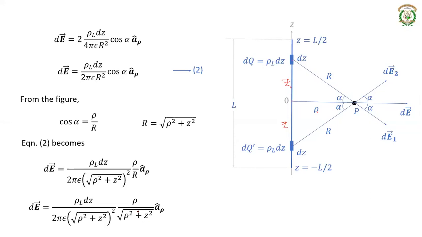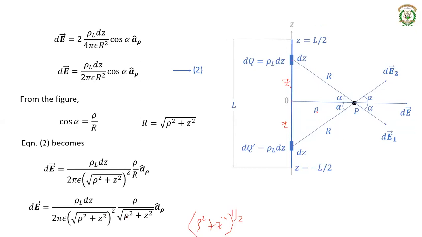So what you can see in the denominator, we have square root of rho square plus z square whole square into square root of rho square plus z square. What is the total power of rho square plus z square? Square root of rho square plus z square whole square: the square root and square get cancelled, so it is rho square plus z square to the power of 1.